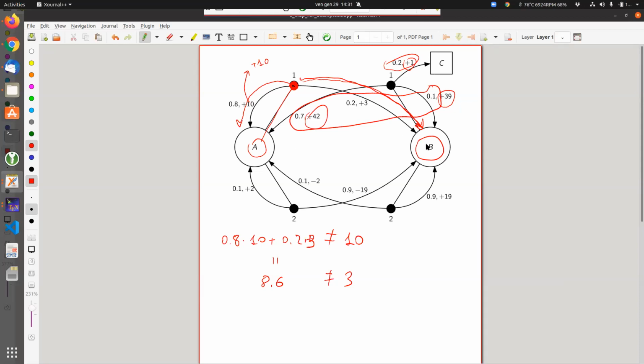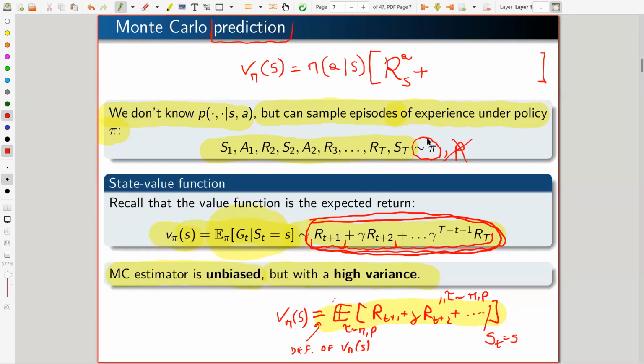Or rather, it matters because we must weigh by the probability of happening. So we land in a state S prime. In this state, there is a value. But what is the probability of landing in the state S prime? So P of S prime given A and S.